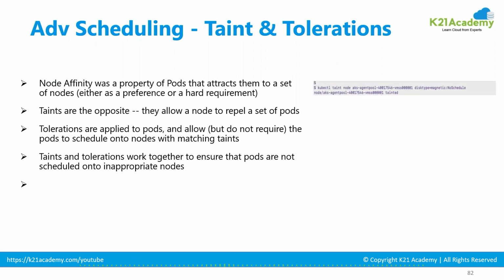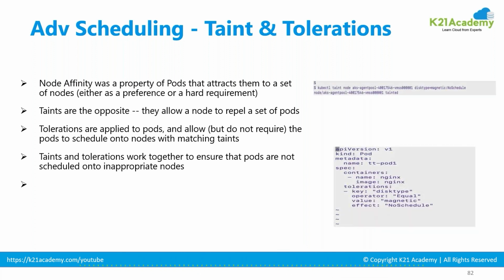Right? So how do we taint the node? This is the command which you can see, kubectl taint node, and you can tolerate the pod so that it can be deployed on the tainted node by adding this toleration definition. You can add it here like this. So deploy the pod on the worker node whose toleration is disk type equal to magnetic and effect is no schedule.